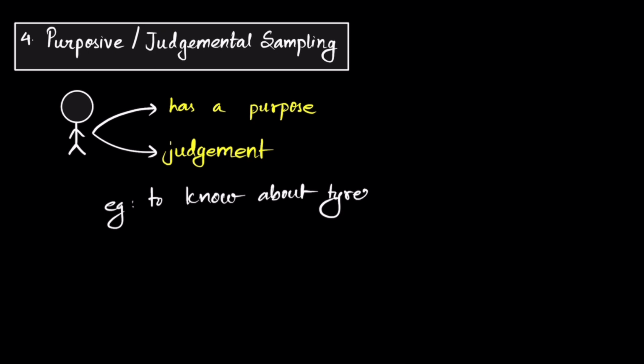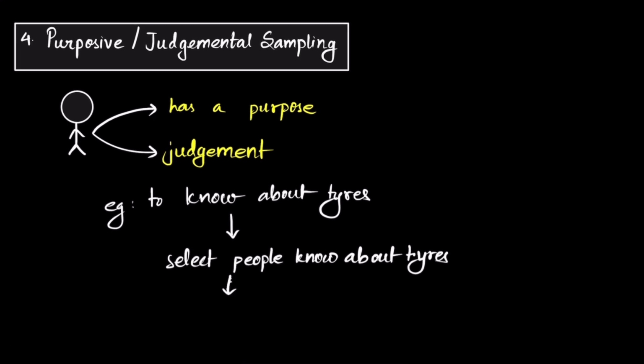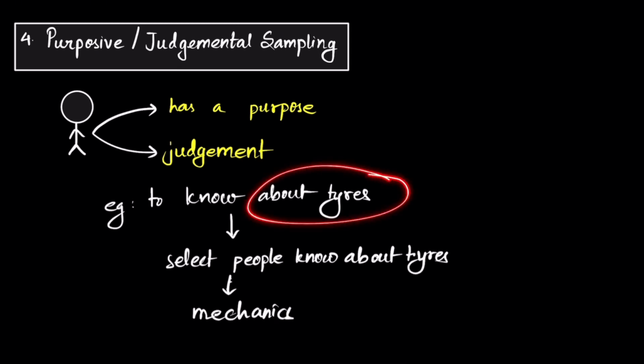Since the researcher has a purpose, that is to know about tires, the researcher tries to select people that know about tires, and the researcher passes his judgment to select mechanics in a community since they know best about tires. So the researcher has a purpose that was to know about tires.